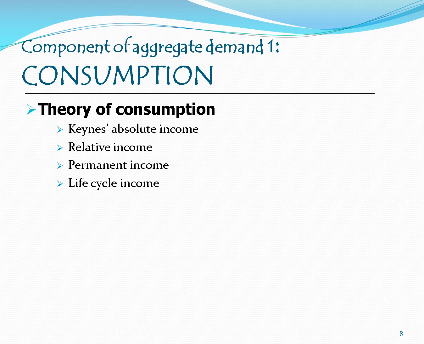So, consumption. We have theories of consumption: Keynes absolute income, relative income, permanent income, life cycle income. This is not a famous question, but I have to explain. And we have the Islamic version, Islamic consumption.